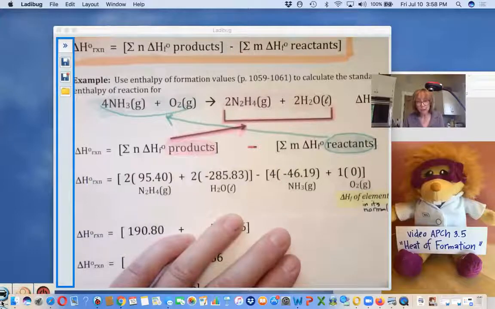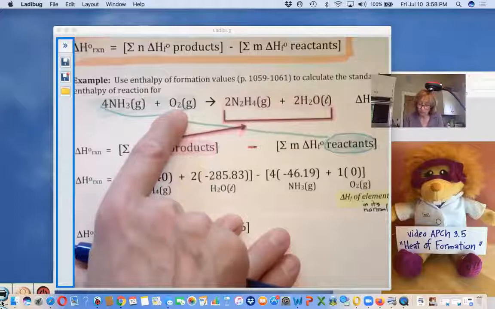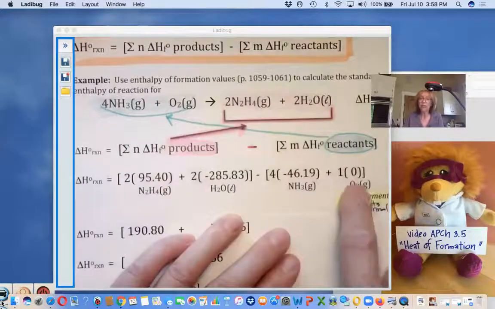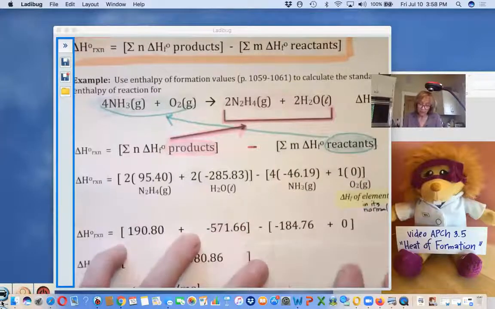Again, guys, remember that elements do not have a heat of formation value. So if you have one of those in your equation, you plug in 0. All right, so let's add up everything here on the reactant side. So here's 4 times the value for ammonia and the 0 for oxygen.